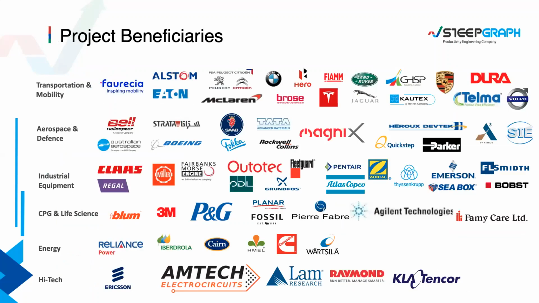This slide talks about various projects we have contributed to. In transportation and mobility: Faurecia, Alstom Transport, Eaton, PSA, BMW, Jaguar Land Rover, Tesla, and so on. In aerospace and defense, notably Bell Helicopter, Rockwell Collins, Boeing, Australian Aerospace, and so on.